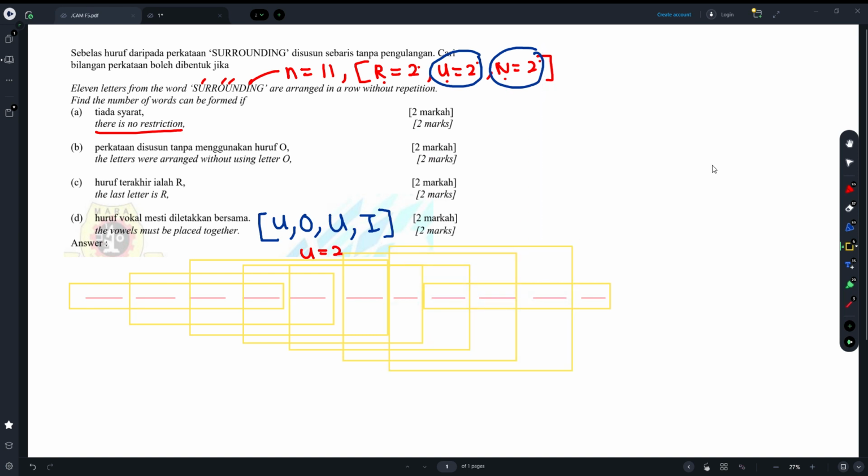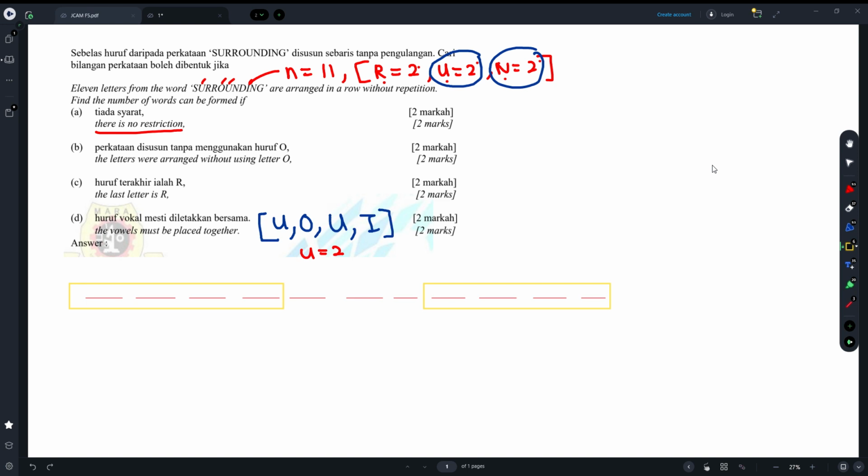So students might get confused: Sir, how am I supposed to know how many patterns there are in total? In order to save your time, it is very simple. You can use this particular shortcut. We have 11 positions, and this group has 4 letters, right? So you have to minus 4 and then plus 1. So you'll end up getting 8. So there are 8 different ways they can be together.